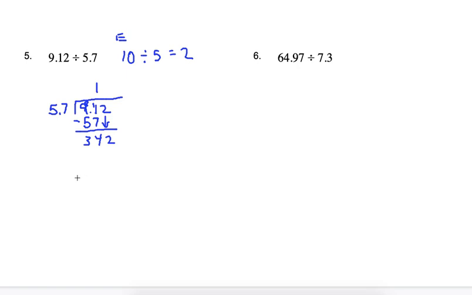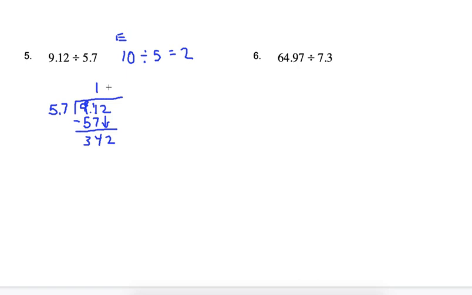So how many times does 57 go into 342? This 42 is a key. I know that 7 times 6 is 42.